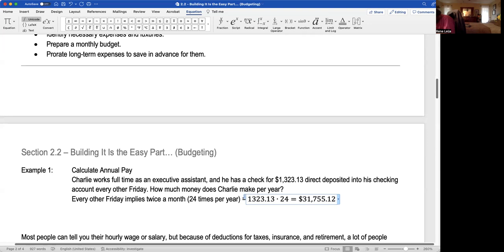Okay. But that is a little low because 4 weeks isn't quite a full month. There are some months that are going to have more than 4 Fridays.